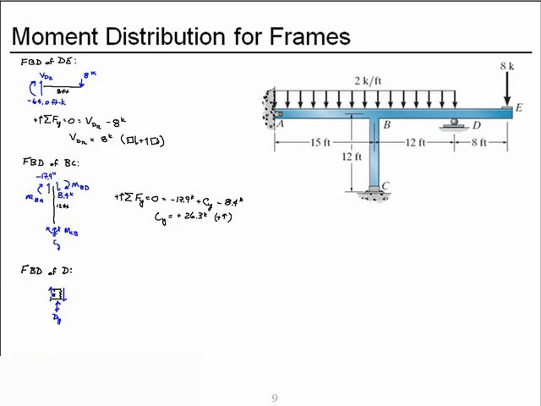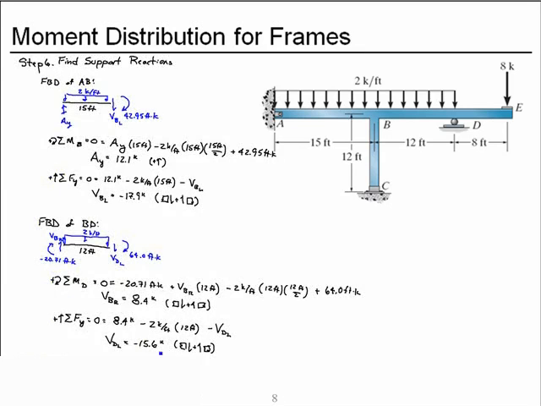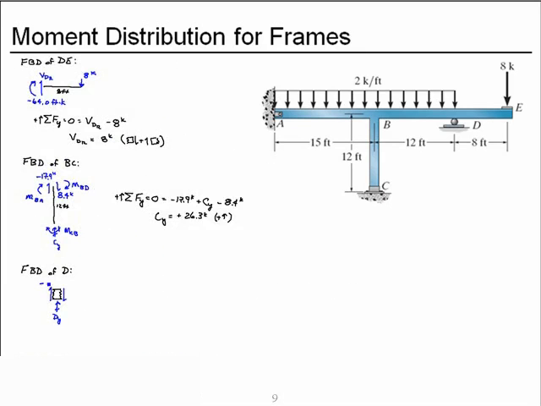We have the shear just to the left of D, which we found to be negative 15.6 kips. And just to the right of D, we found to be a positive 8 kips.